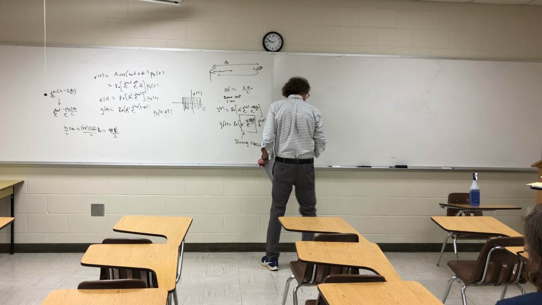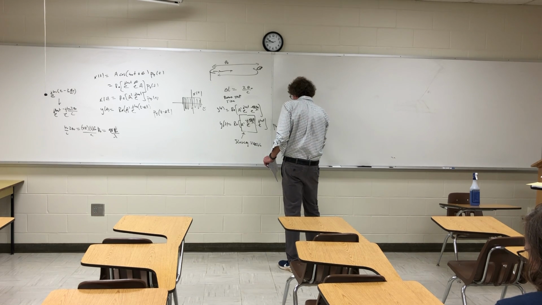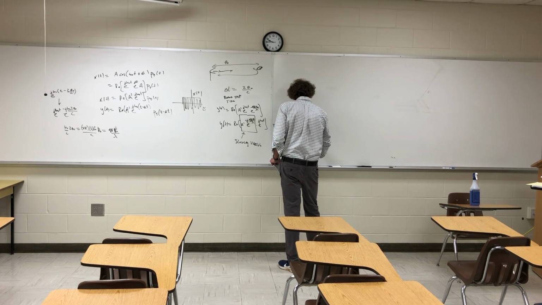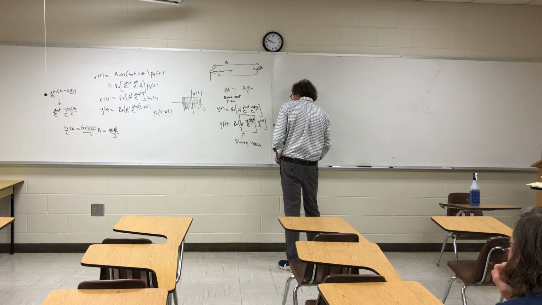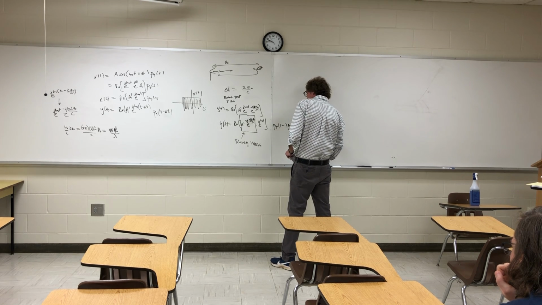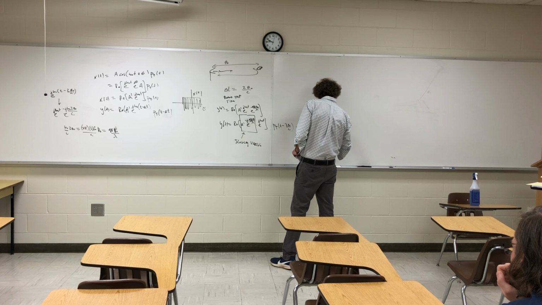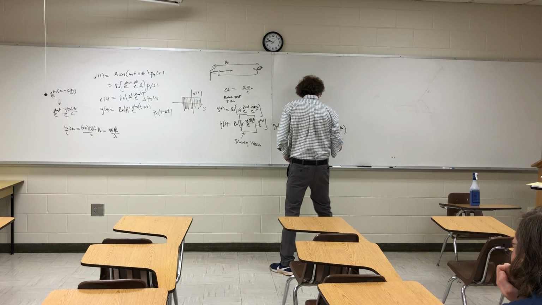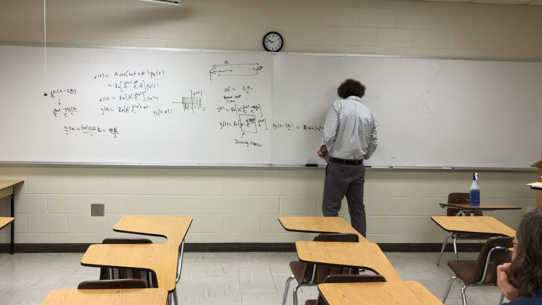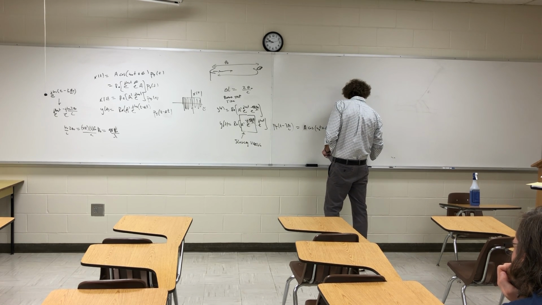I can put it as A times cosine of omega naught t, plus the phase angle minus 4 pi r naught over the wavelength. And then it would be times the pulse function, p tau, of t minus 2 r naught over c.